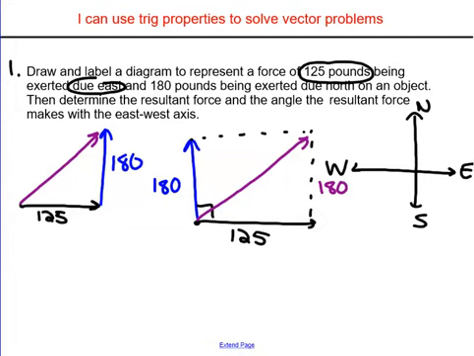All right, so now that I have this right triangle here, which I'll outline, and this is the right angle, I want to figure out what degree this is, because this, remember, is the resultant vector.